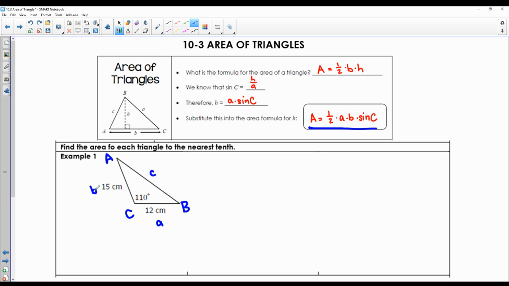All right, and now you can just plug all these numbers into our area formula. So the area is equal to 1/2 times a. Here was my A, so a is 12, times b. There's my b, which was 15, times the sine of C, which I made the one angle I know.